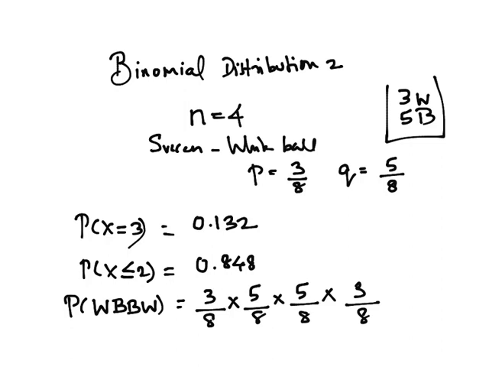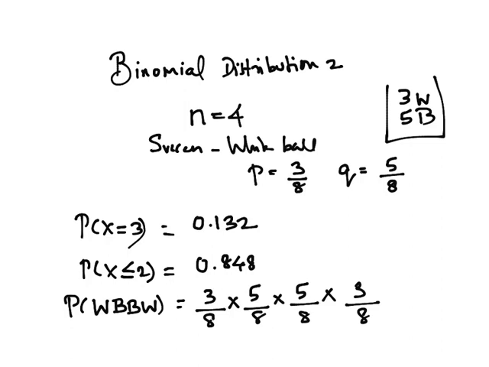And the last question is, what is the probability of selecting 2 white balls and 2 black balls? Now, since the number of draws is 4, that means number of trials is 4, saying 2 white balls and 2 black balls is the same as 2 white balls, isn't it? If I get only 2 white balls, obviously the remaining 2 will be black balls, isn't it?